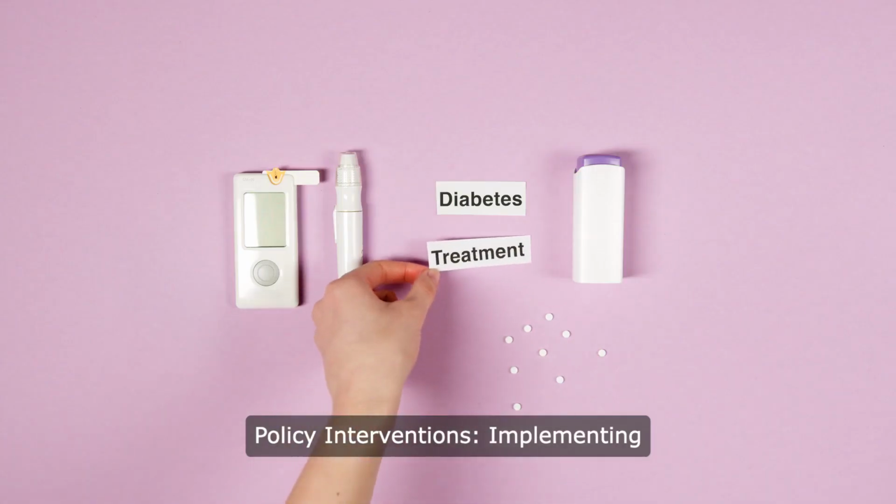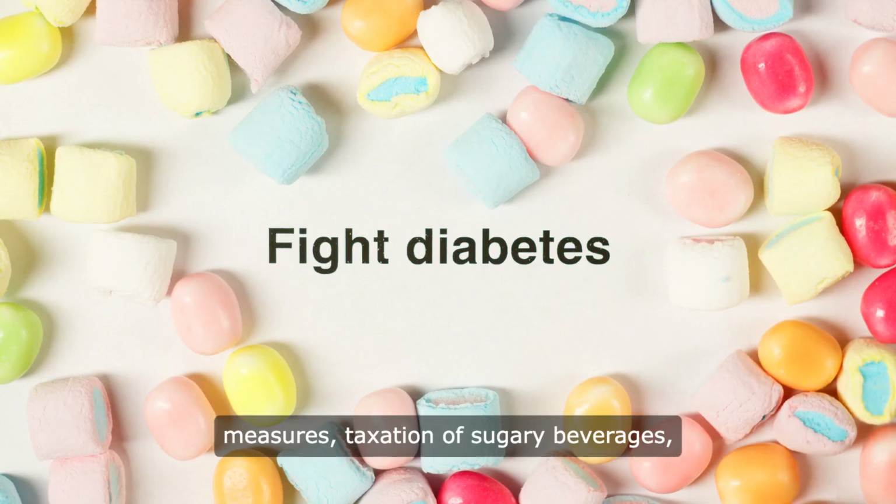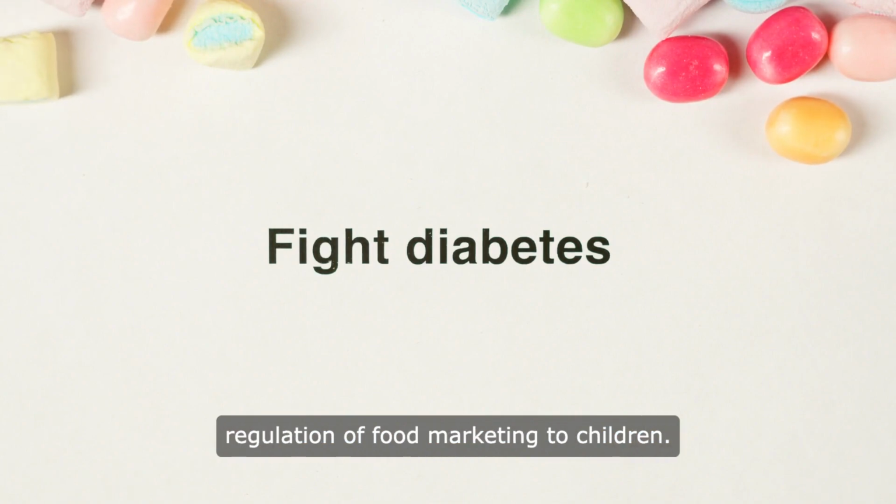Policy interventions. Implementing policies and regulations to create environments that support healthy behaviors, such as tobacco control measures, taxation of sugary beverages, promotion of physical activity, and regulation of food marketing to children.